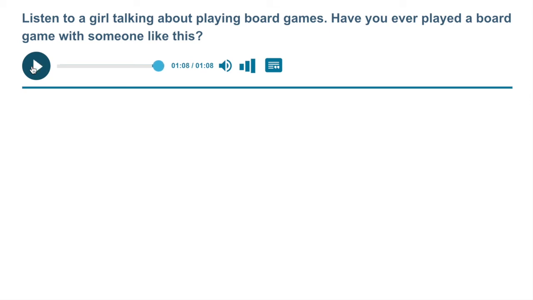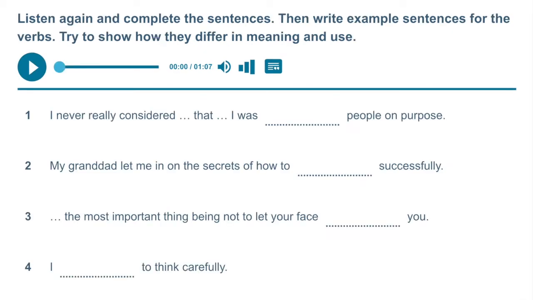Okay, so what is this girl talking about, basically? Yeah, she's a big cheater in games, in board games. Have you ever played a board game with someone like this? I'm sure you have. I have, yeah, definitely, especially in my family. Let's move on to the next activity. You'll need to listen again and complete these sentences.